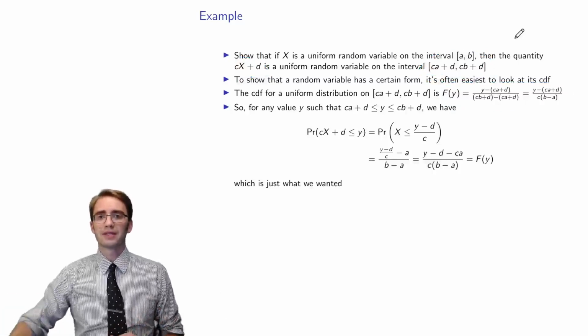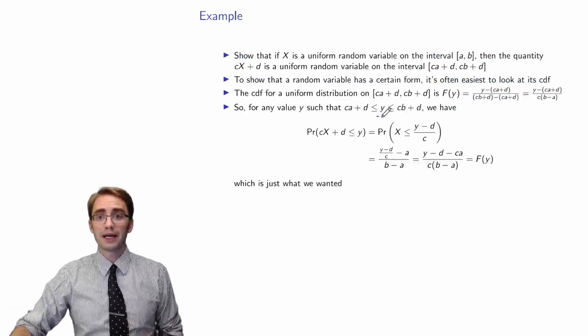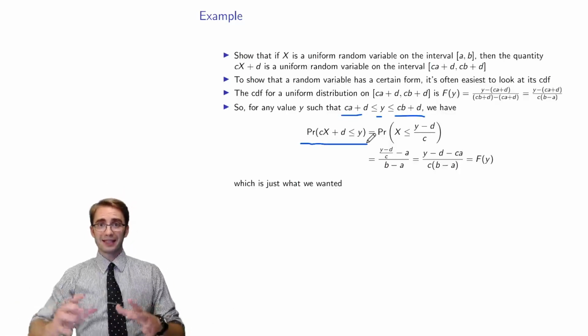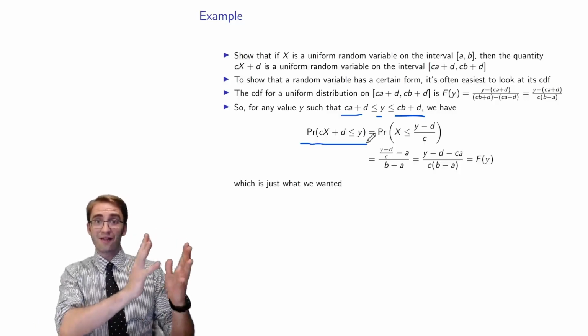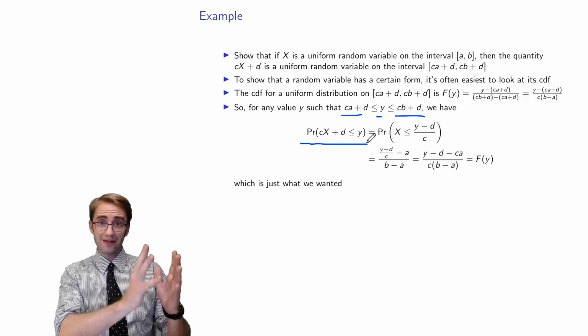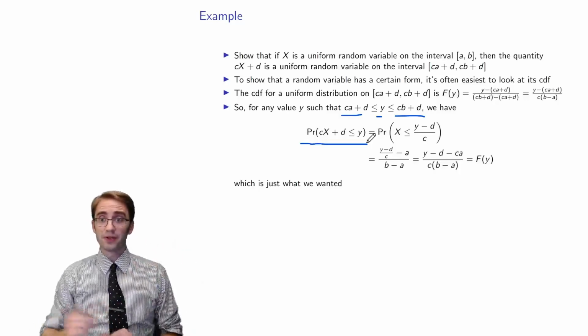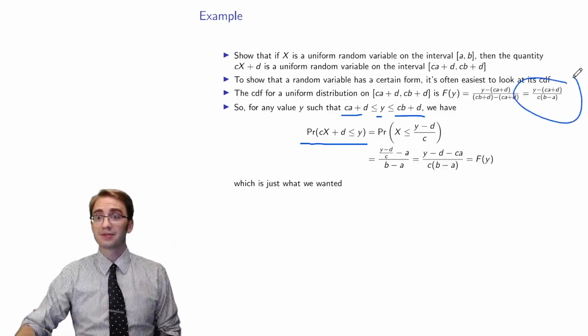And so what can we say? Let's suppose that y is between Ca plus D and Cb plus D. And we'll say, what is the probability that Cx plus D is less than or equal to y? This is me saying, let's look at the CDF of Cx plus D and show that it is equal to the thing I circled a moment ago.